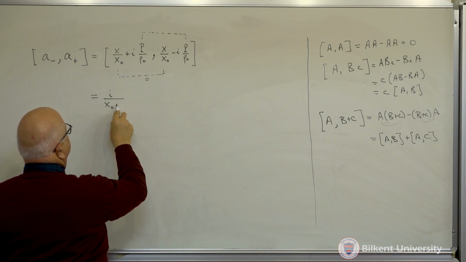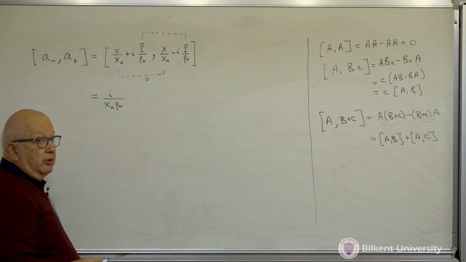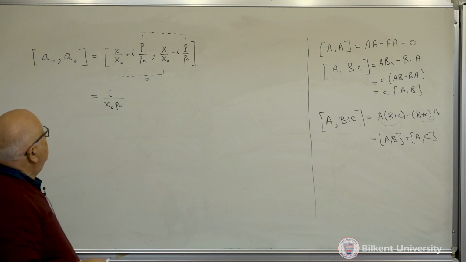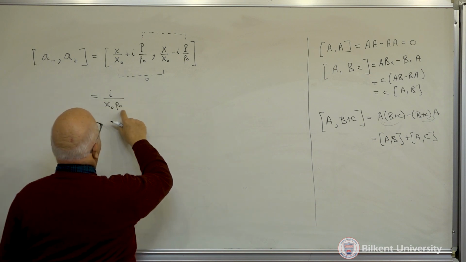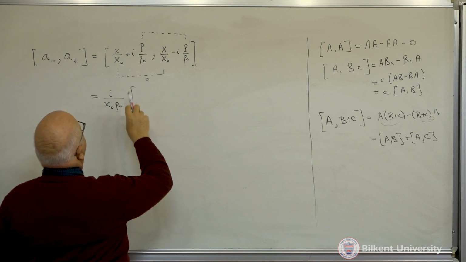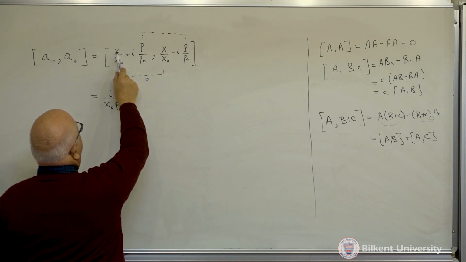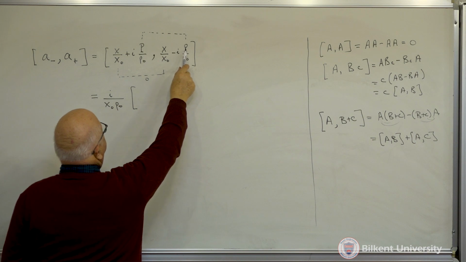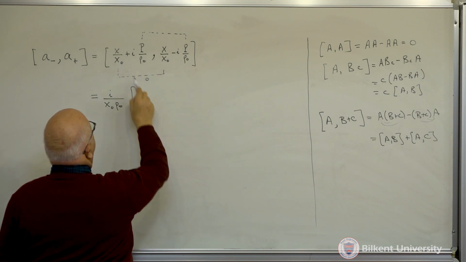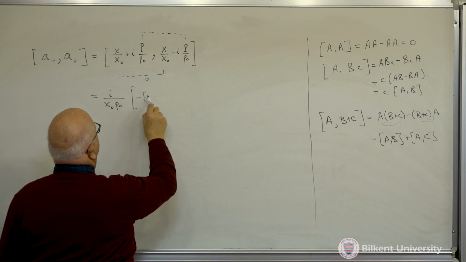So you see this x0, p0 comes up again and again. Okay? So i, x0, p0, what do I have? Okay, so x commutator with p with a minus sign.